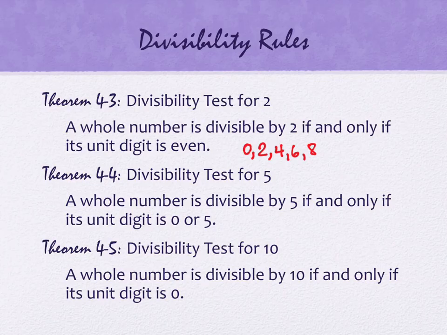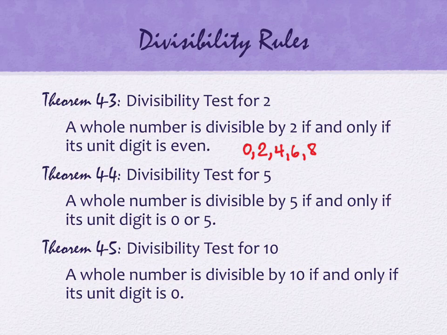A number is divisible by 10, in truth, when it's divisible by 2 and 5. And 2 and 5 overlap when they're divisible by 0. Not divisible, excuse me, but have the end in 0. So if it ends in 0, it's divisible by 10. So these 3 are grouped together because they all feel very much the same. Does that make sense?